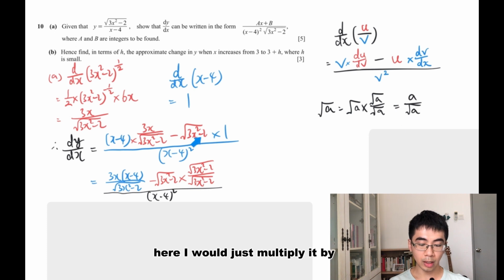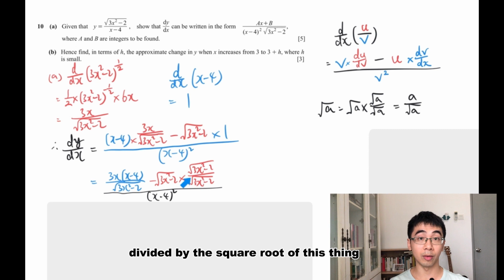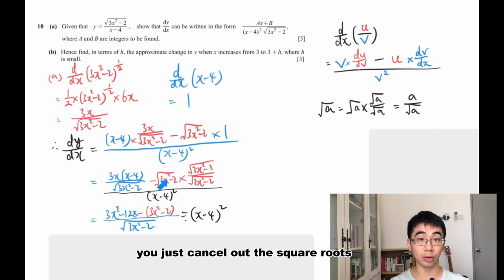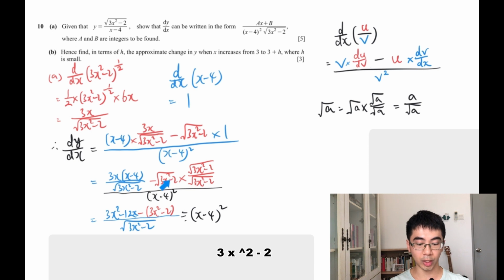So here, I will multiply by the square root of this thing divided by the square root of this thing. For the front part, 3x times x minus 4, you will have 3x squared minus 12x. For the later part, these two multiplied together, you cancel out the square root, and it gives you the original one, 3x squared minus 2, but remember to add the bracket because of the negative before them.